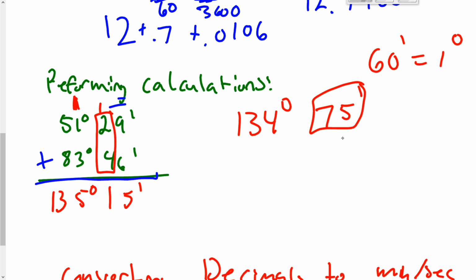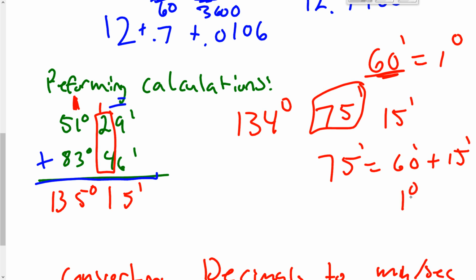What's left over is 15 minutes, because 75 is equal to 60 plus 15, and this 60 is 1 degree. So that 1 degree is added to 134, so I get 135 degrees and 15 minutes. So that's the simplified form there.